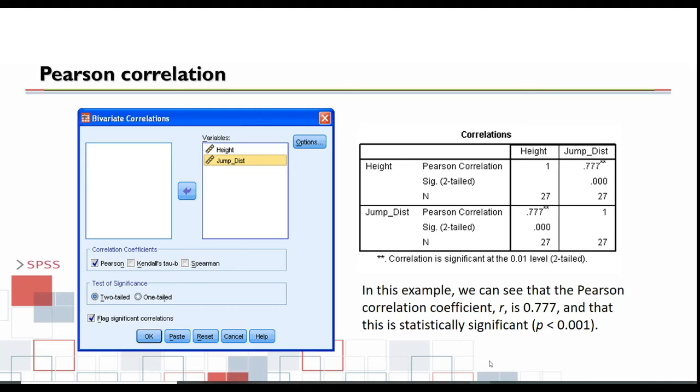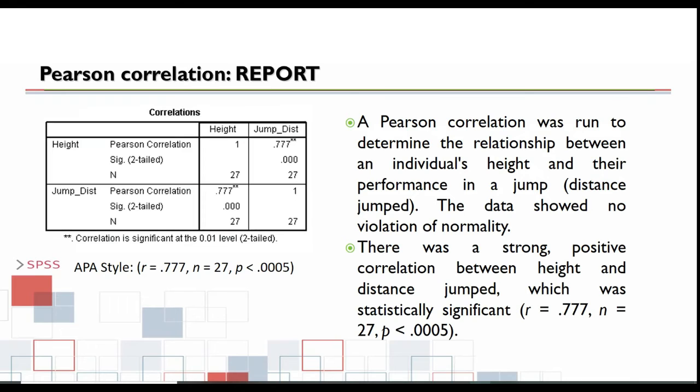In this example, we can see that the Pearson correlation coefficient R is 0.777 and that this is statistically significant, with p less than 0.05. So this is the correlation, and here is how you can report it in your thesis. This is the APA style; the correlation symbol is R, p less than 0.05.